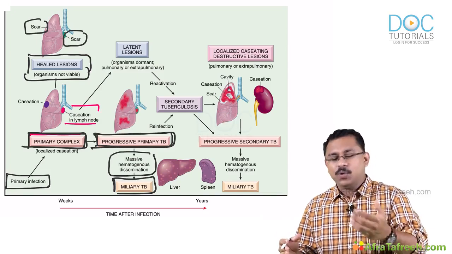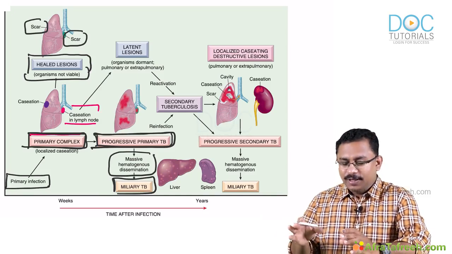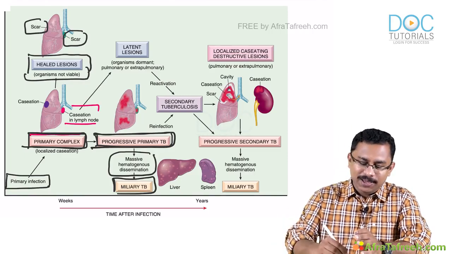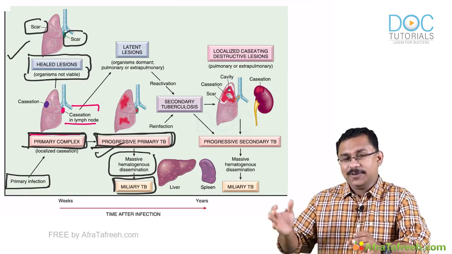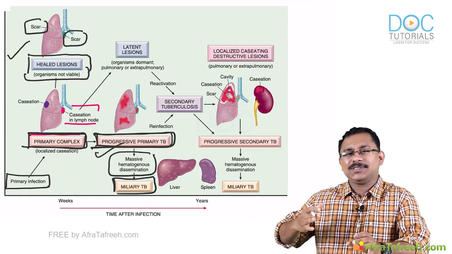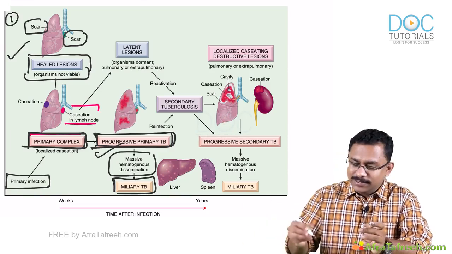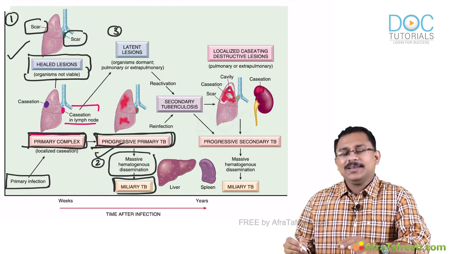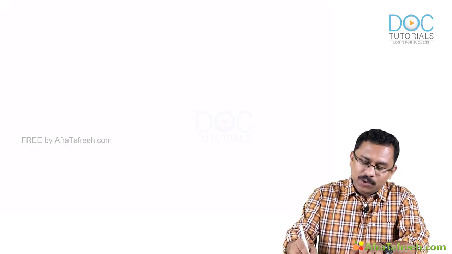So either it may be a healed lesion, or it may be a progressive primary tuberculosis, which again may become disseminated as well. Now this is fate number 1, this is fate number 2, and there is a fate number 3 also. That is, the organism can go on to develop a latent tuberculosis infection.